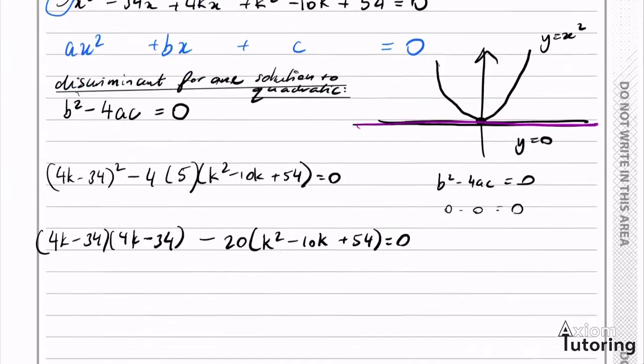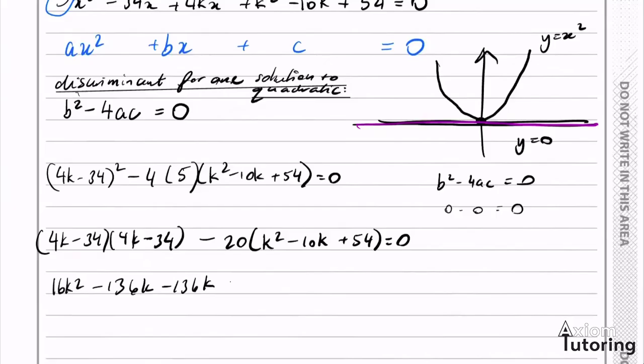So here, let's go through it. 4k times 4k, that's 16k squared. 4k times minus 34. So 4 times 34, 136. So we're doing minus 136k. And then we have the same thing again, minus 136k. And then we're doing 34 times 34.